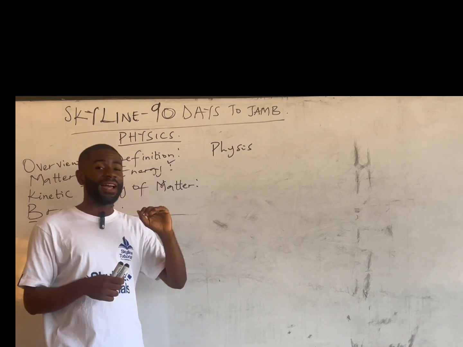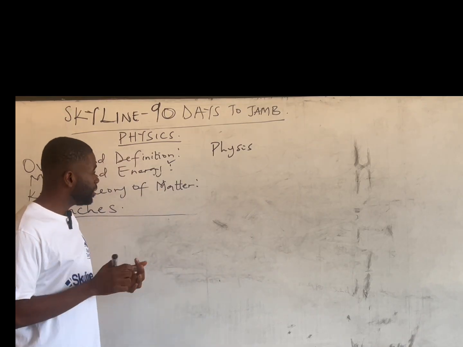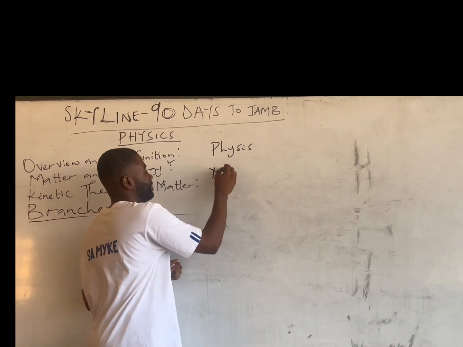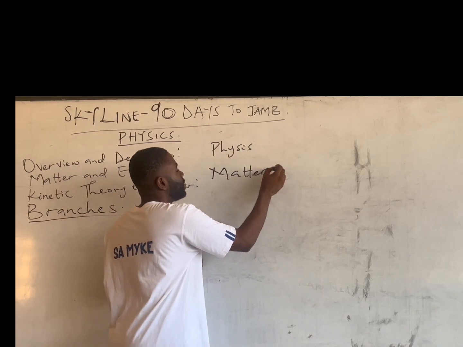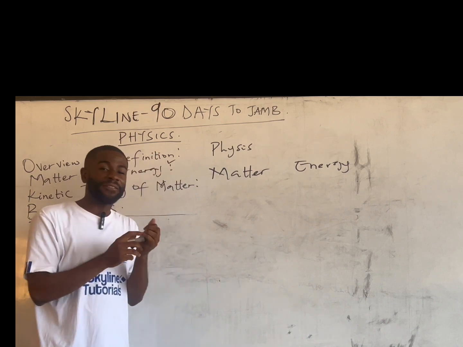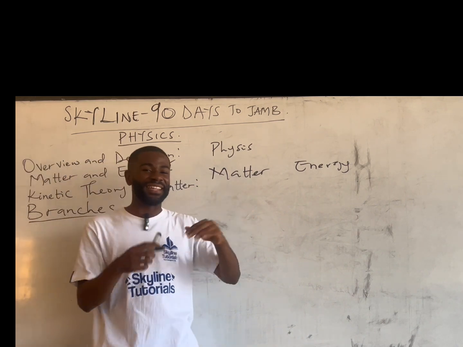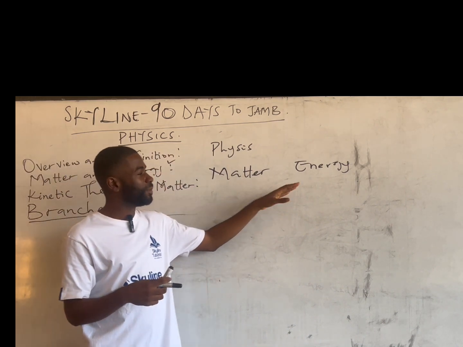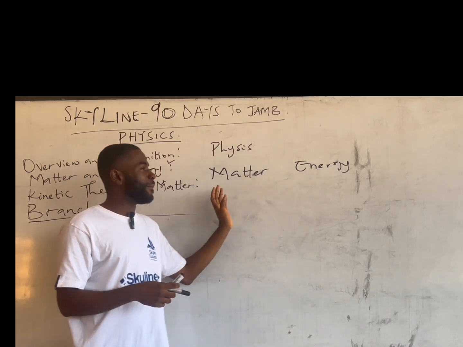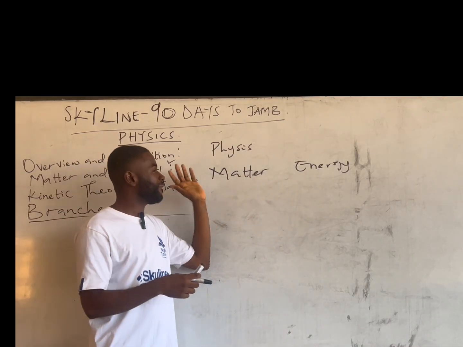For a simplified and more definitive definition, we define physics as a study of matter in relation to energy. So physics studies matter and its interaction or relationship with energy. Let's look at these two terms that best define the word physics.